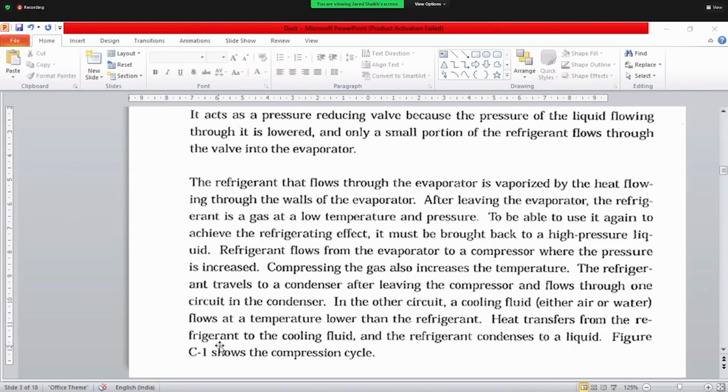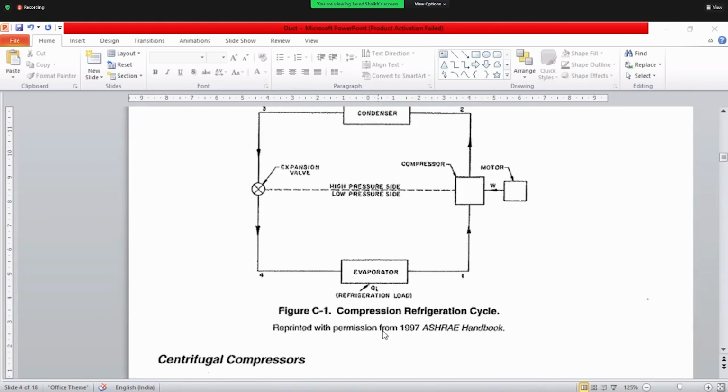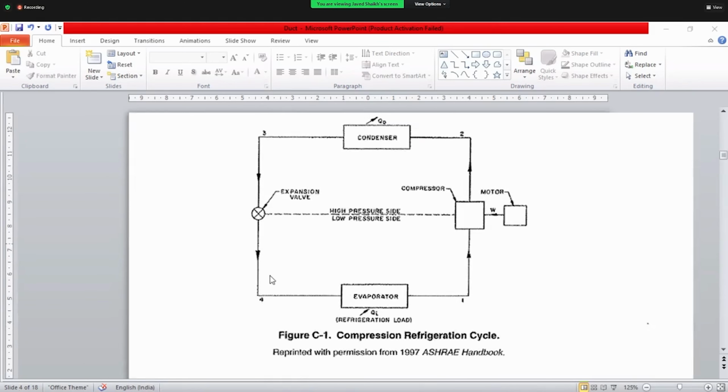Heat transfers from the refrigerant to the cooling fluid and the refrigerant condenses from vapor to liquid. As we cool down the refrigerant, the change of phase takes place from vapor to liquid.